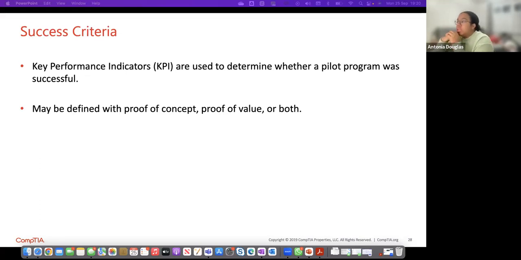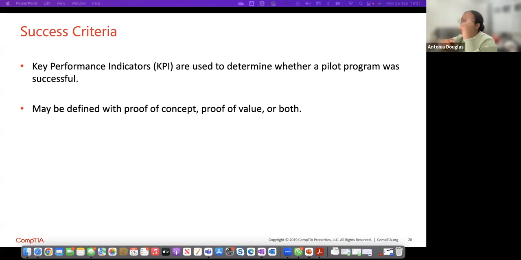Okay, success criteria. So if we're using a pilot program to test or to run a feasibility study, what is going to be the success criteria? So we're looking at KPIs to determine whether a pilot program was successful, because ultimately, what would be the point of running it in the first place?